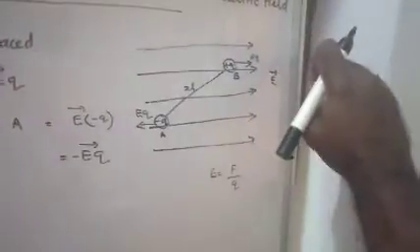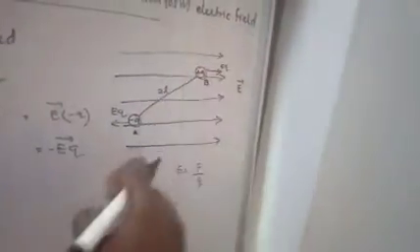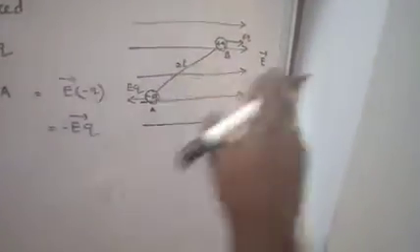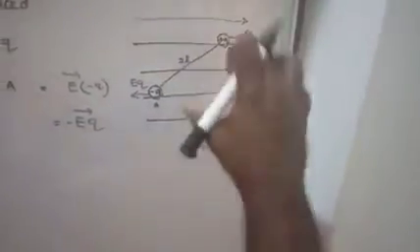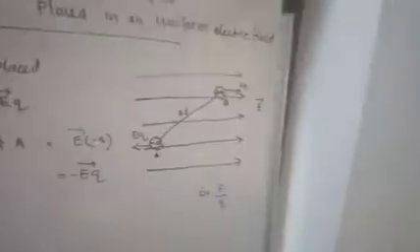This is the direction of one force, this is the direction of another force. Two are equal in magnitude, opposite in direction, not in the same line. You see some distance between these two directions of force.